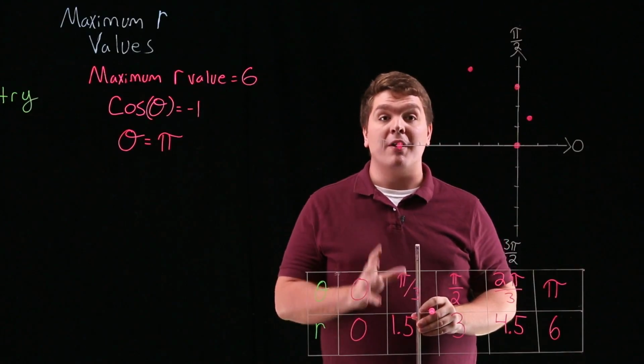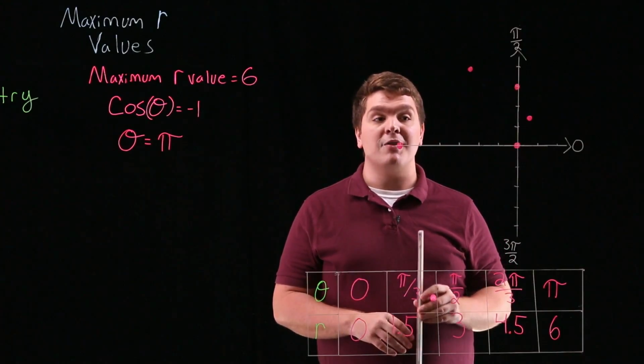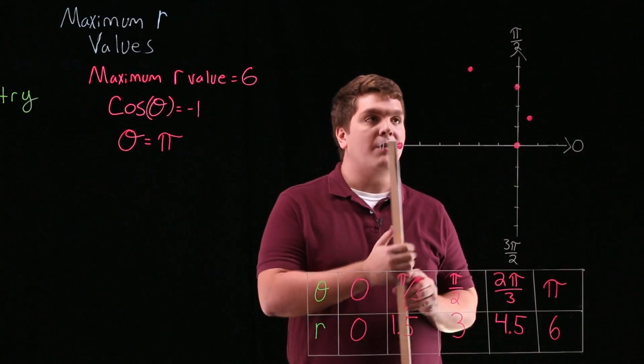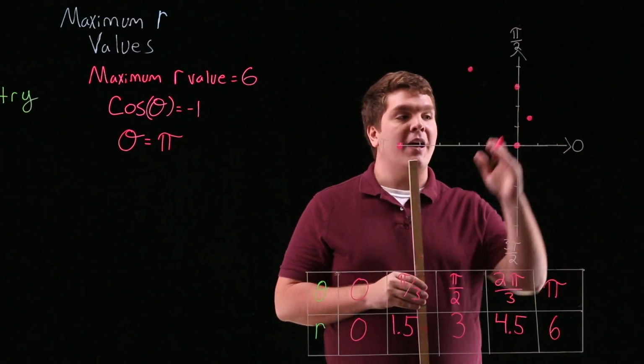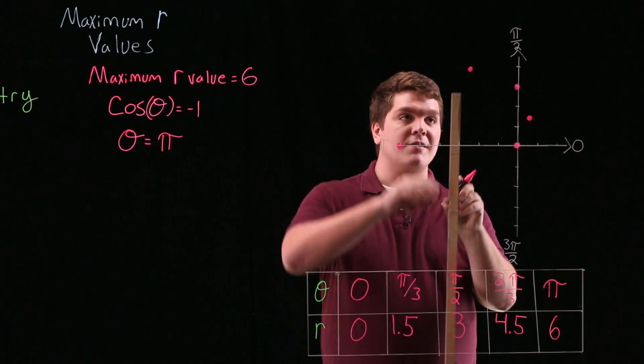Now, we also know that our graph is going to be symmetric with respect to the polar axis. So we can imagine taking each of these points and reflecting them about the polar axis.